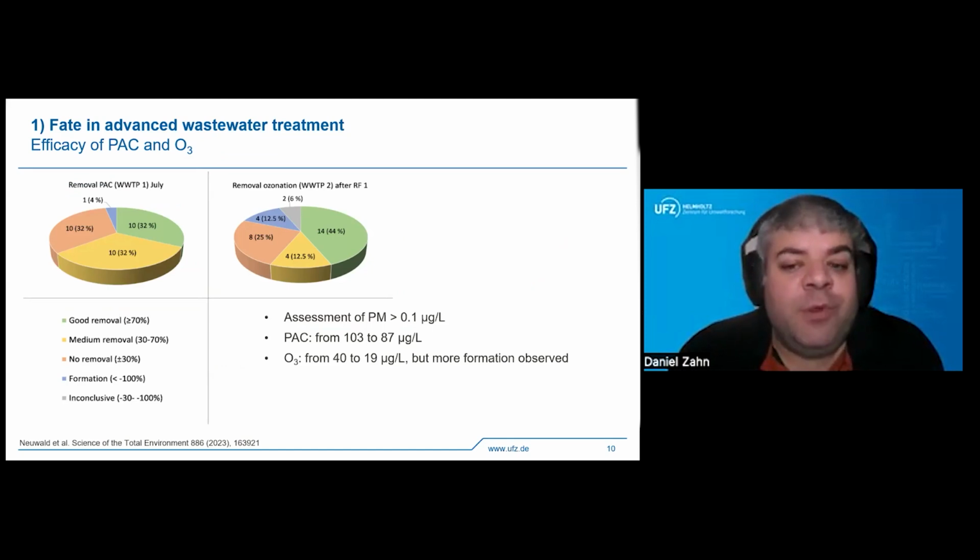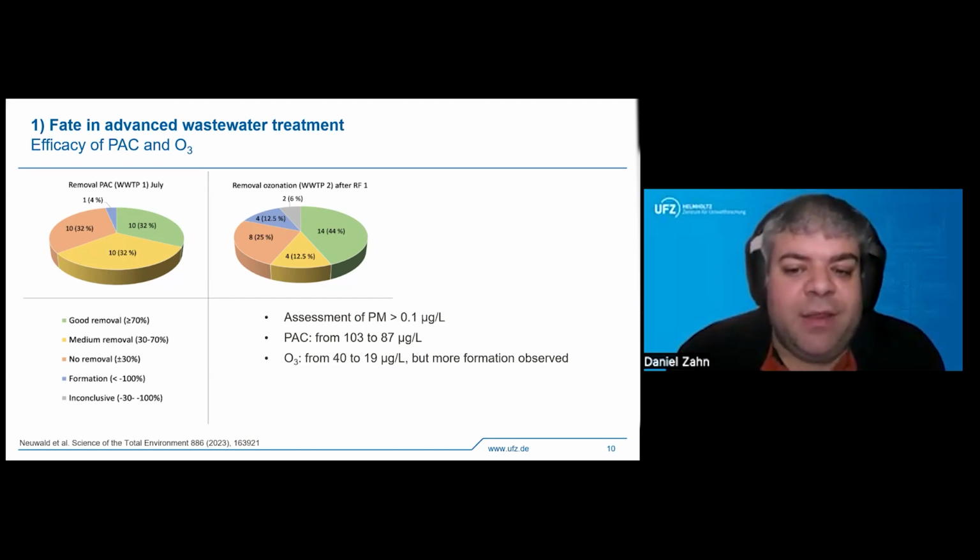And for 1/3, there was no removal. While for the ozonation, we see there are more chemicals where we have good removal, almost half of them, but a similar amount of chemicals where there was less removal, and we found some chemicals where we actually observed formation, because ozonation can lead to the formation of transformation products.